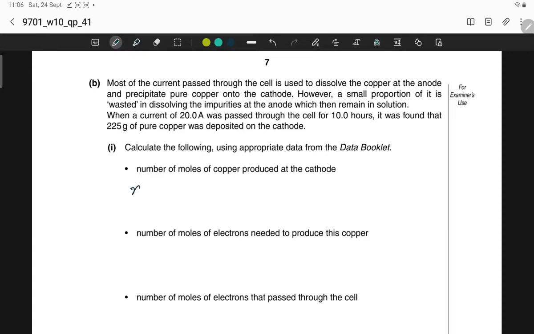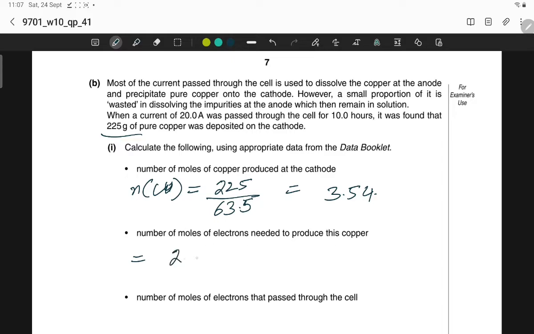Number of moles of electrons: moles of copper is 225 divided by Ar 63.5, which is equal to 3.54. Two moles of electrons are required per mole of copper, so the number of moles of electrons needed to produce this copper is 2 times 3.54, which is 7.08.